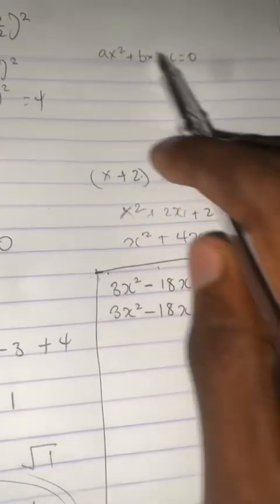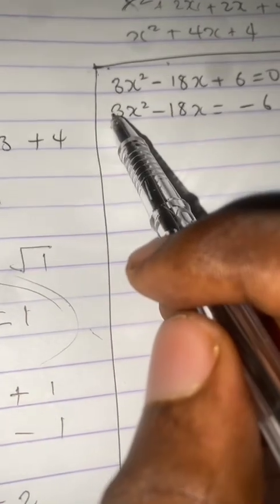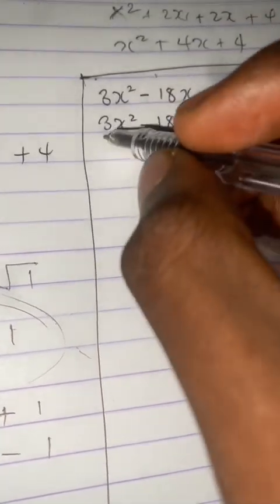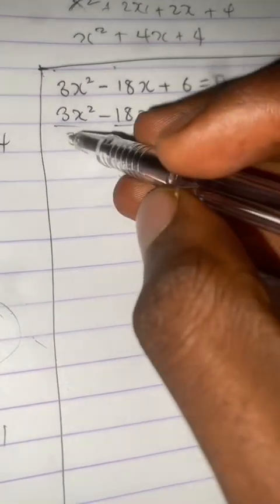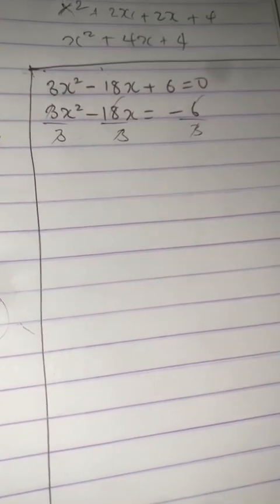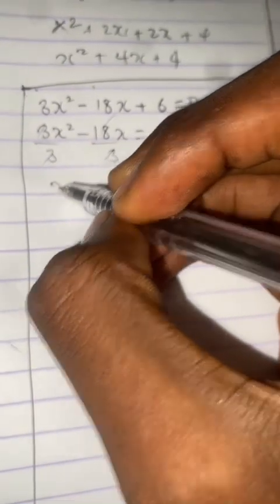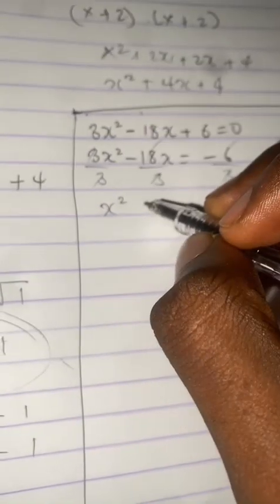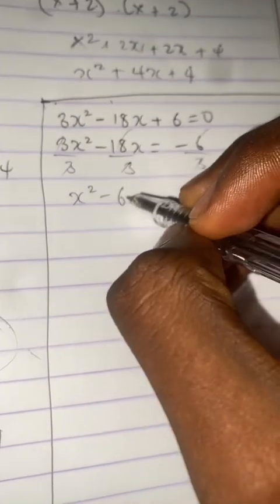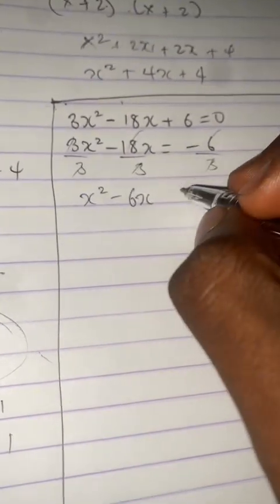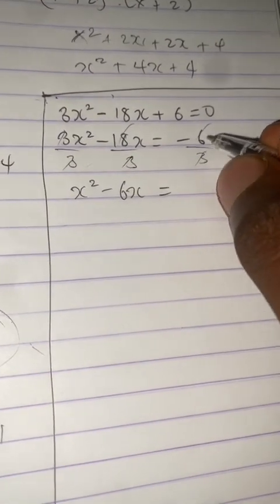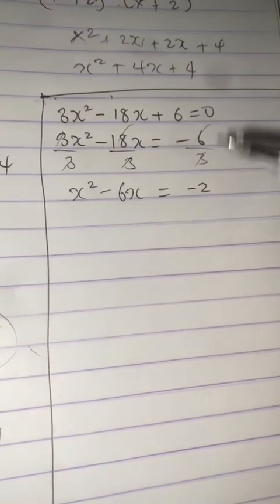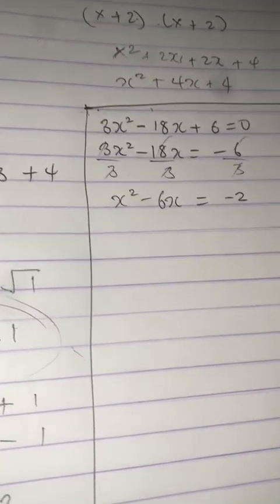Remember from the formula? Now we have an a. Now we're going to divide the whole thing by 3. This divided, this divided, this divided. So we're going to have x squared minus 6x equals this divided by this, negative 2. It's as easy as that.